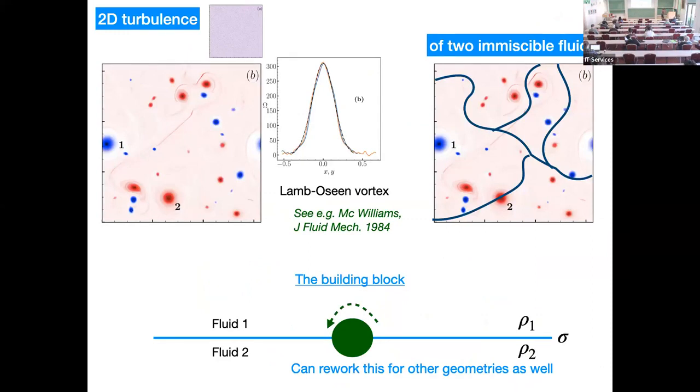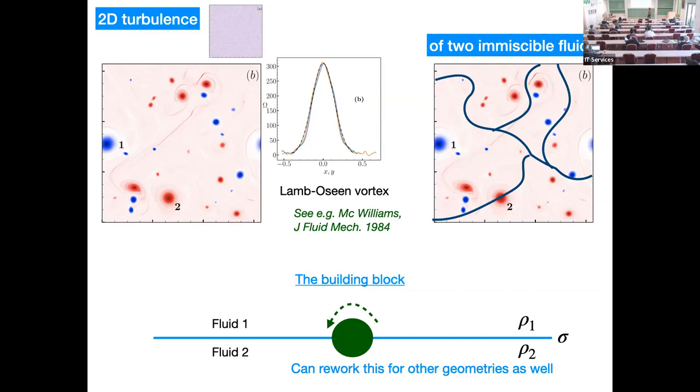Okay, so let's start with what the relevance is of a single vortex that we're going to study to turbulence. Here's a picture of 2D turbulence. If I start a simulation with random noise in the vorticity, as you see in the square up there, that will organize itself into these very concentrated patches of vorticity in 2D turbulence at least, and similar things in 3D turbulence.